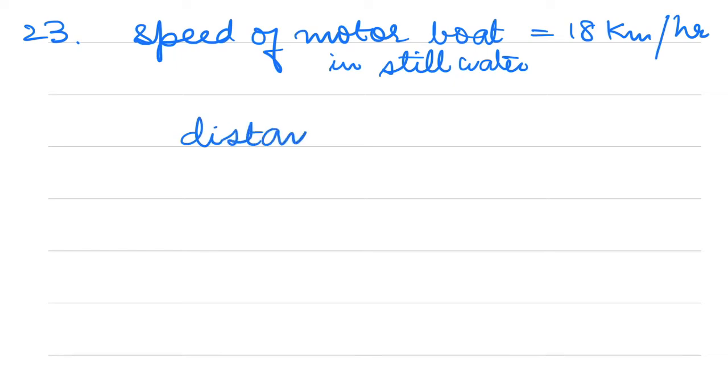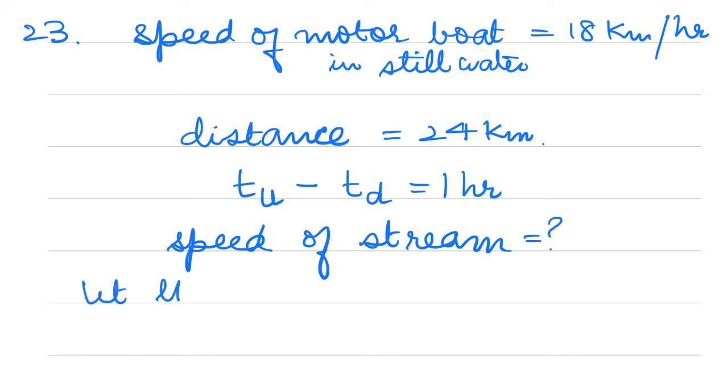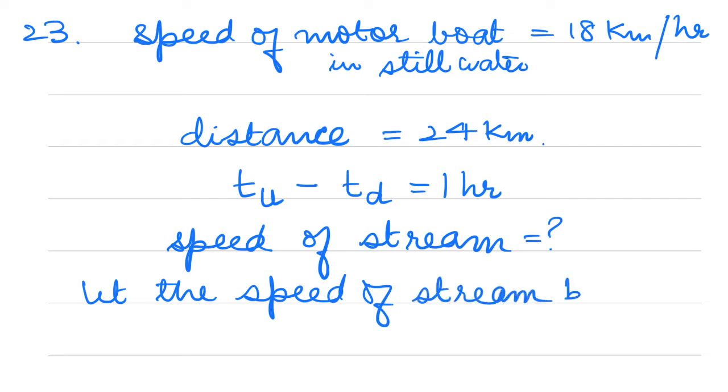Distance is given as 24 km, and the time for upstream is more than the time for downstream by 1 hour, and we have to find the speed of the stream. Let the speed of the stream be x km per hour.